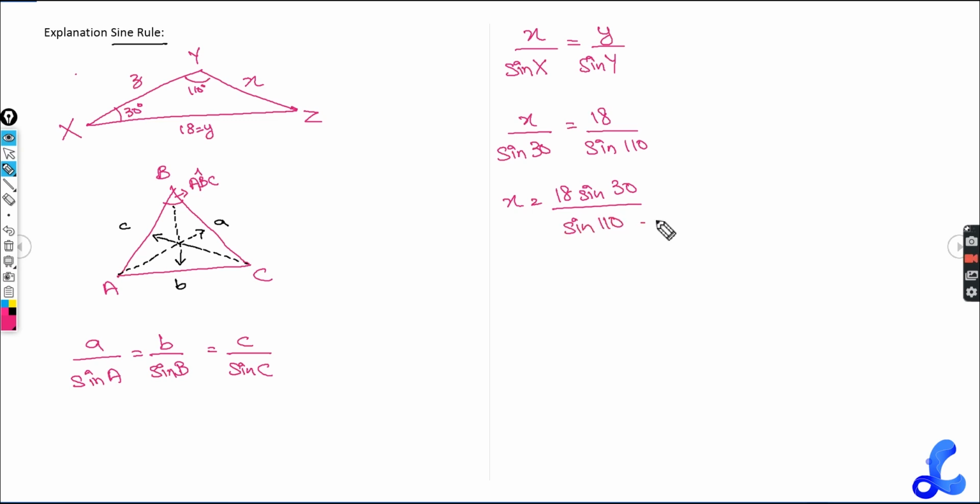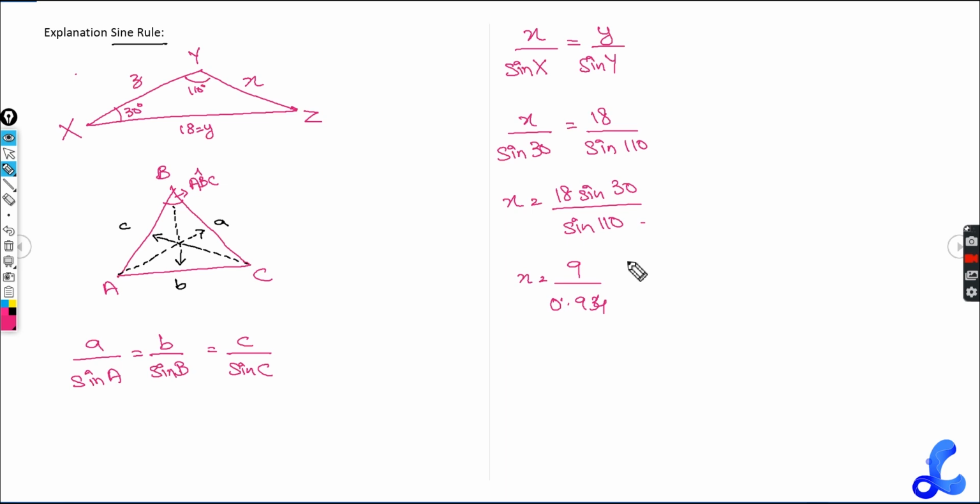Let's try to figure this out and see whether we get a correct answer or not. Obviously it's just a made up question, so a lot of times there can be mistakes with made up questions because they're just out of the blue. So sine 30 gives you 0.5. 0.5 times 18 gives you 9, over sine 110, which gives you 0.9394, about 0.94.